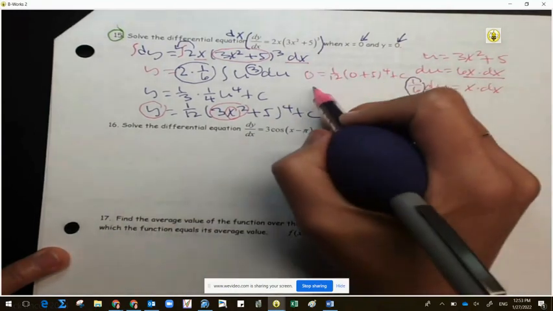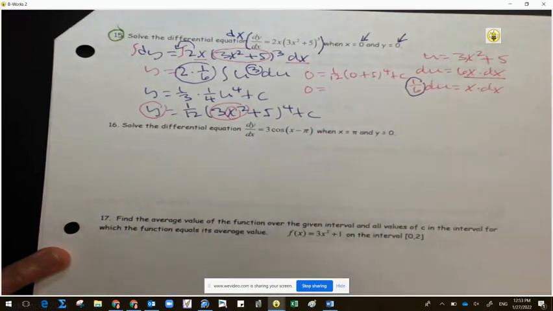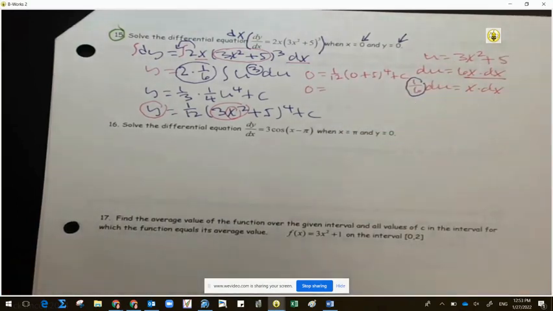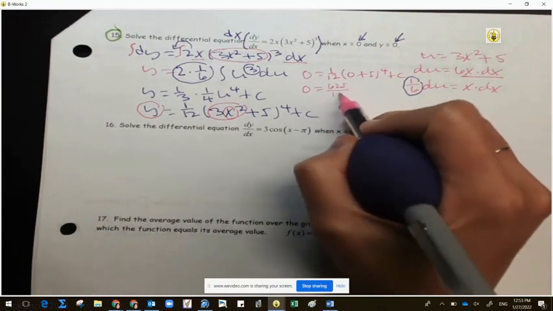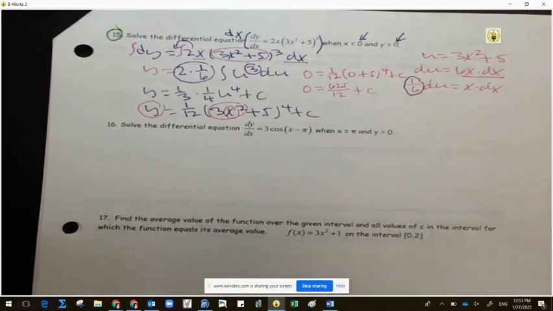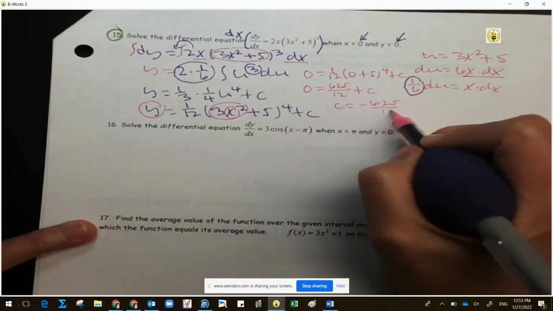What is 5 to the power of 4? How many? Not 500. 625. So whoever said a lot, yeah, it is kind of a lot. So we know our c is equal to negative 625 over 12.